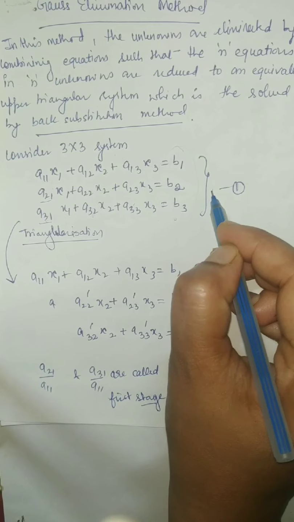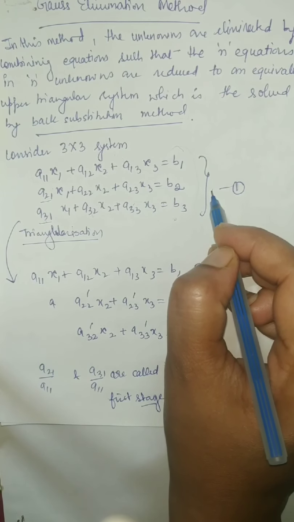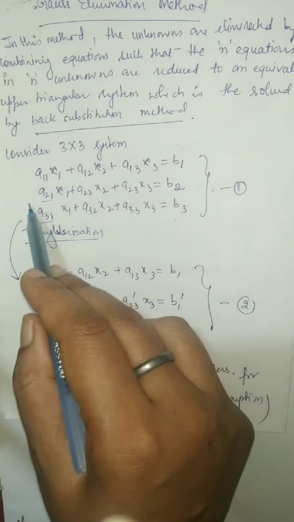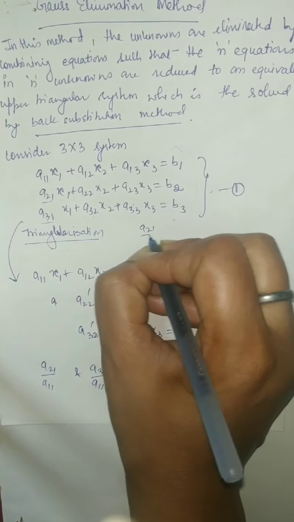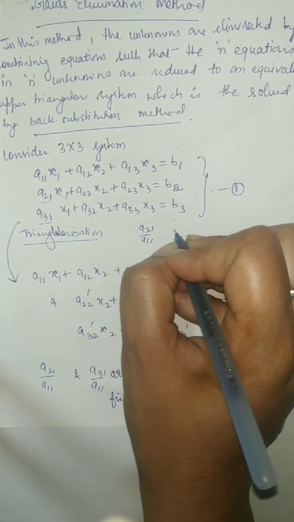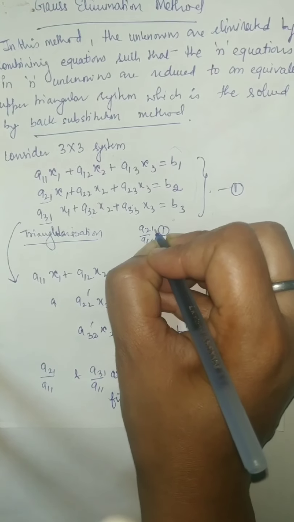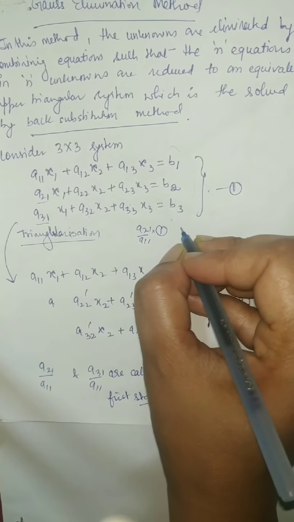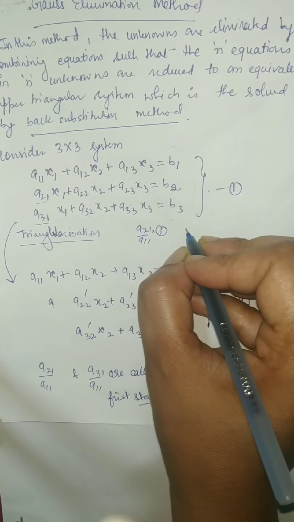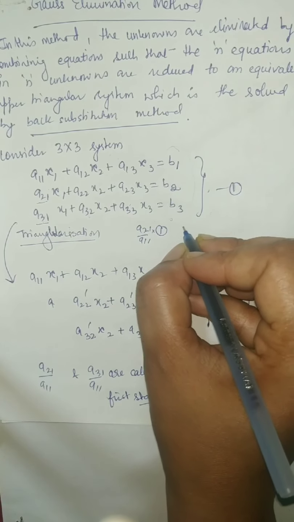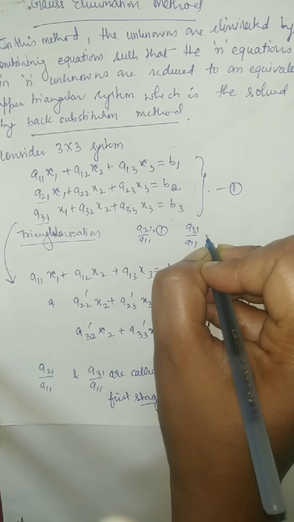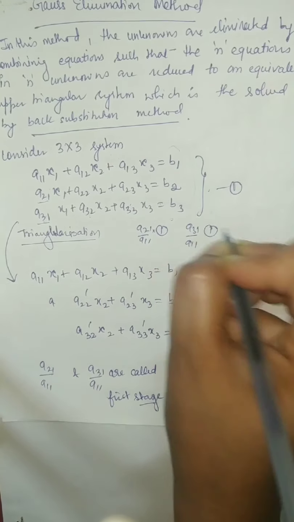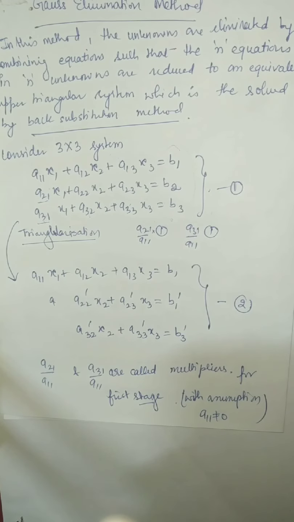For this we subtract from the second equation, this second equation से हम subtract करेंगे a21 over a11 times the first equation, multiply the first equation and subtract from the third equation a31 over a11 times the first equation, so that the given linear system is transformed to the following equivalent system.